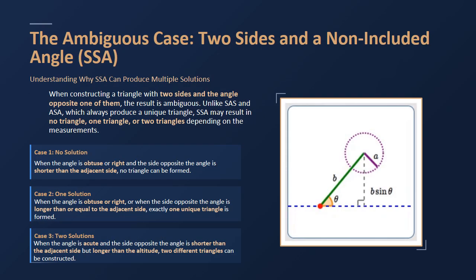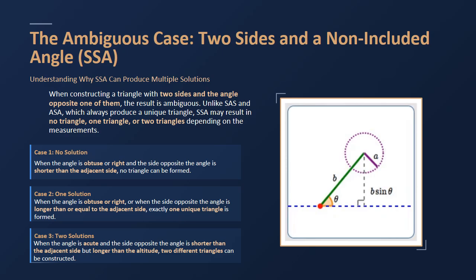The ambiguous case: two sides and a non-included angle, SSA. Case 1, no solution: when the angle is obtuse or right and the side opposite the angle is shorter than the adjacent side, no triangle can be formed.